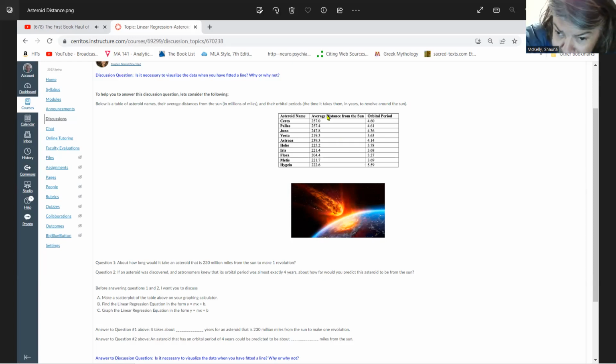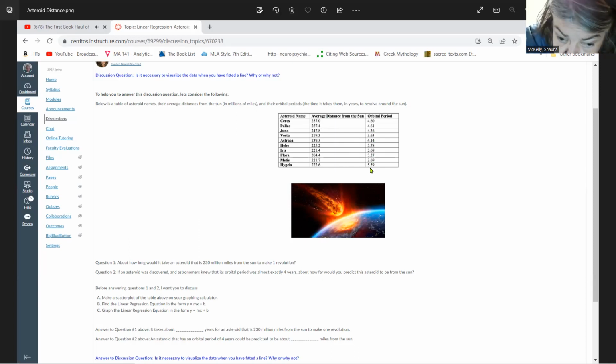And it's tempting to just poke these in your calculator and get the data, and there's nothing wrong with that. But when you don't actually visualize the data first, some interesting things can happen.